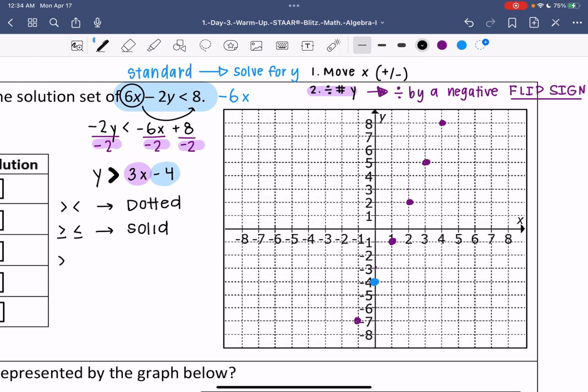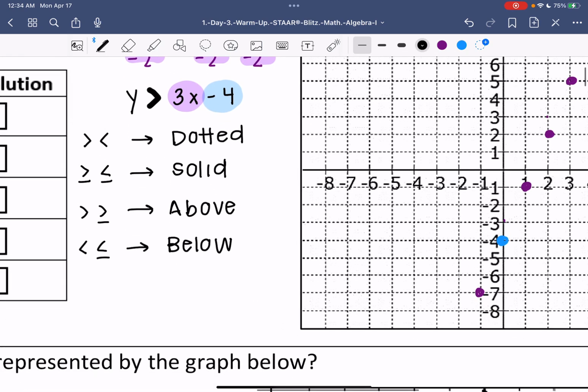If it's greater than, we're going to shade above. Or if it's less than or equal to, we're going to shade below. So remember my trick that I taught y'all. If y is greater than or y is less than, we can determine how we're going to shade by this sign. With the greater than sign, I can make an A out of it.